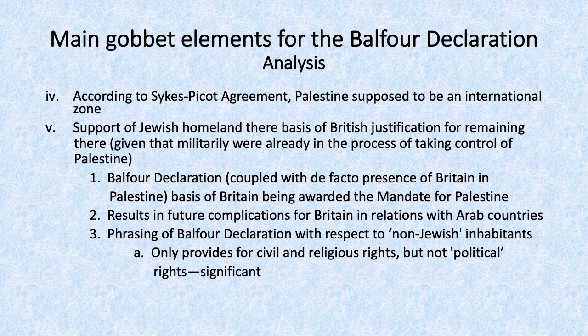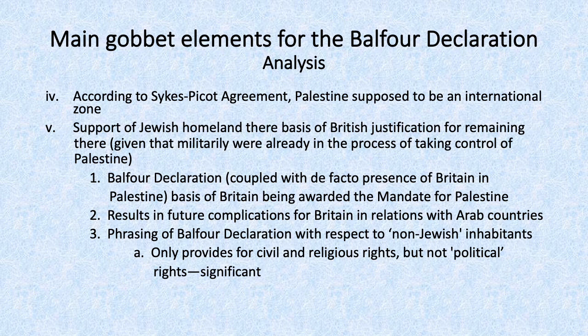So the Balfour Declaration becomes later on a basis for Britain being awarded control of Palestine after the First World War. They develop what's known as the mandatory system, where the various Arab territories of the Ottoman Empire came under European control. The idea was that, and it's primarily the British and French, they were supposed to prepare these territories, the people living in them, for eventual independence.